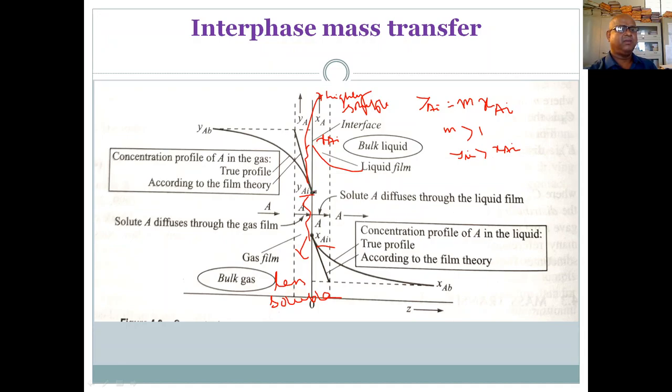And for less soluble, it will be lower. And if m equals 1, then it will be here. But generally this will be ineffective mass transfer; you will not get much. So that difference must be there. Okay.